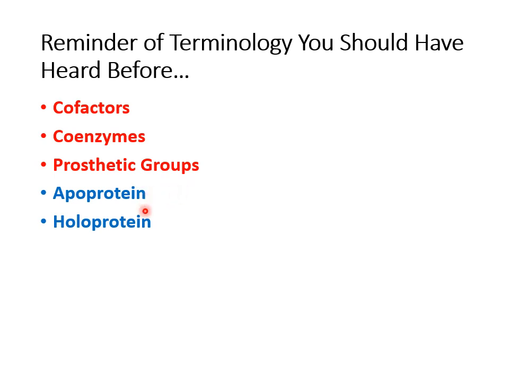Then holoprotein, the way that I have my students remember it, again, I'm so sorry, is think whole-oprotein. It's the whole thing, the whole enzyme plus all of the cofactors or coenzymes and prosthetic groups needed to activate that enzyme. So the holoprotein is active, the apoprotein is inactive.